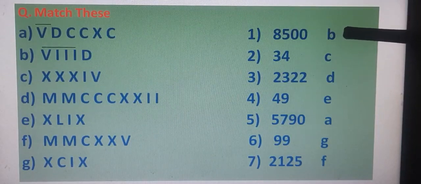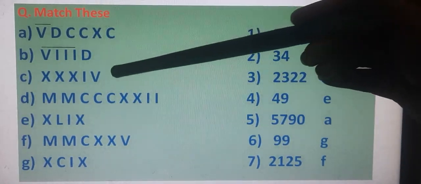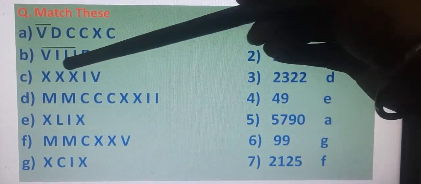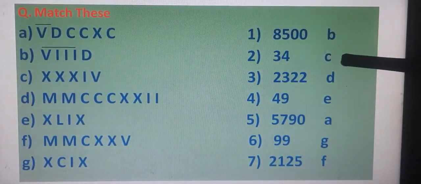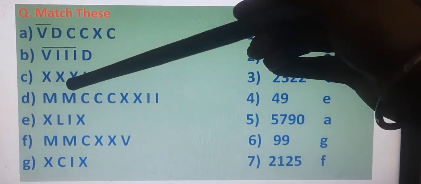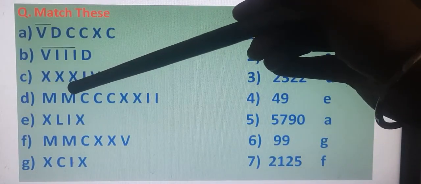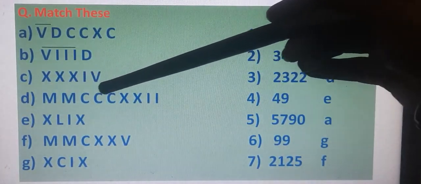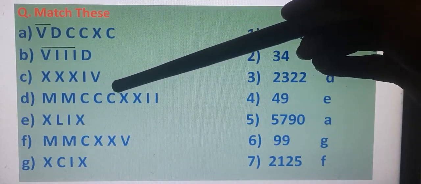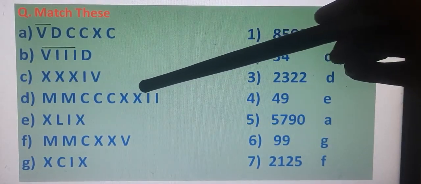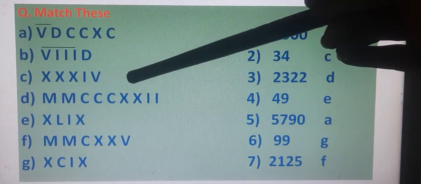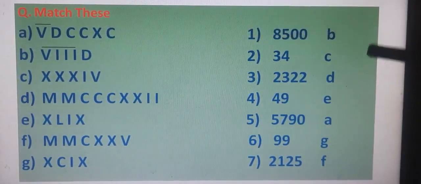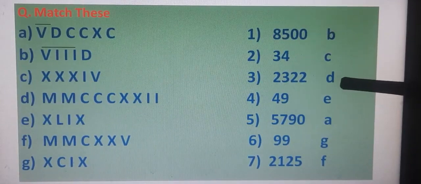This is our answer B. Next is XXX, that is 30, and then IV 4, 34. MM, 1000, 1000, 2000. Then CCC, 2000 plus 300, XX 20 and II 2. 2322. This is your answer D.